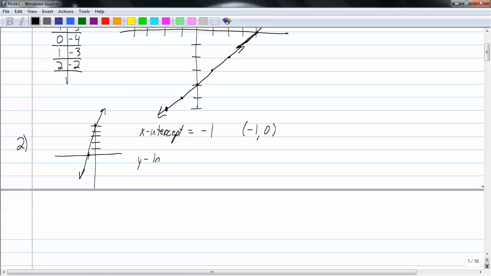And your y-intercept is +5. That can also be written as 0, 5. Alright, so that's what we're looking for. We're looking for an x-intercept of -1 and a y-intercept of +5. So that's B, as in beta.